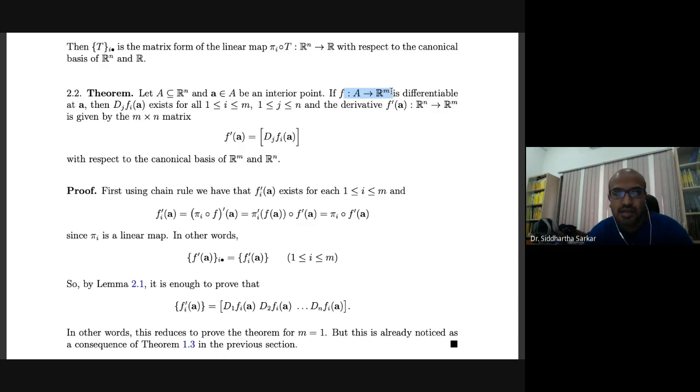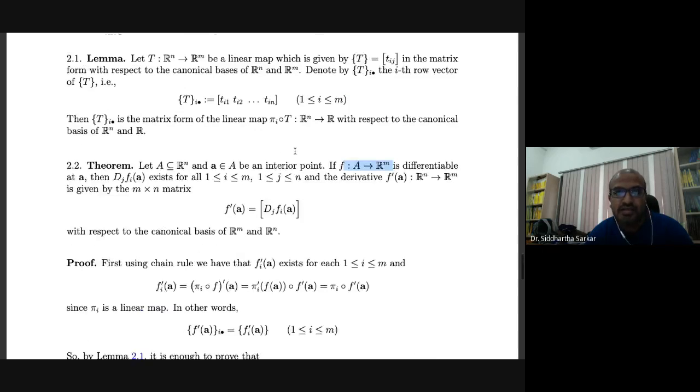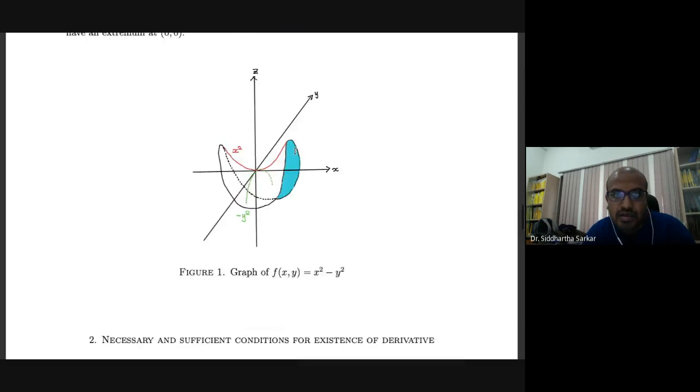And this is already noted down at the point when you are defining the directional derivatives. Let's go back over here.